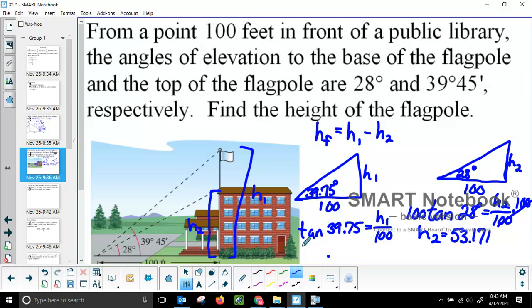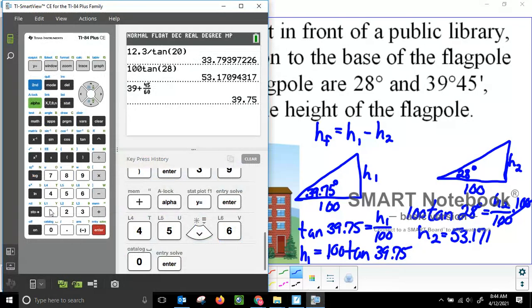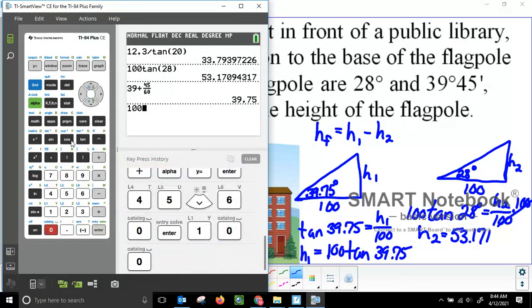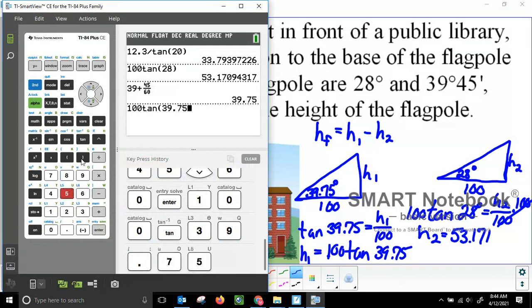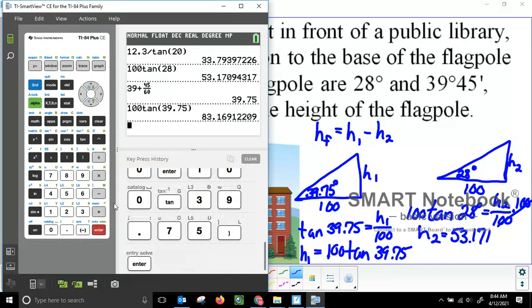I multiplied both sides by 100. So we go to our calculator here. We say 100 times the tangent of 39.75, and we get 83.169.